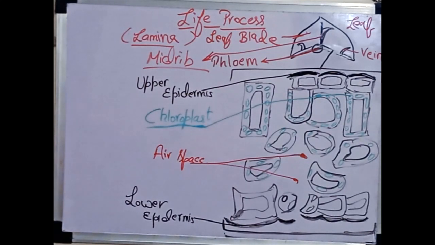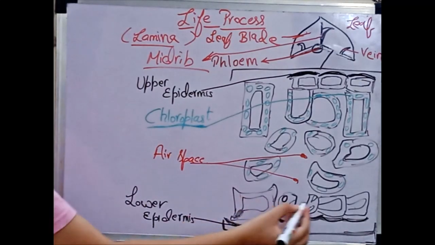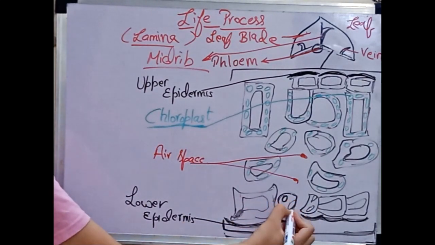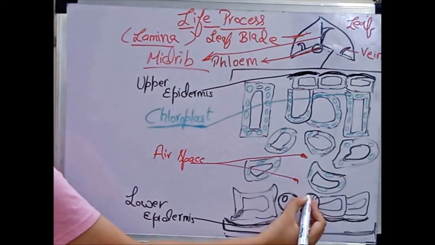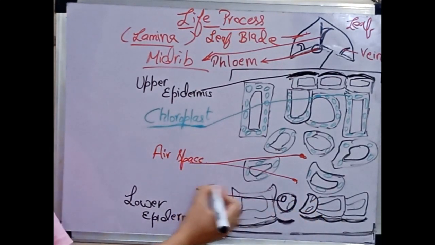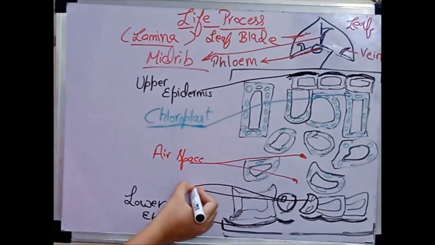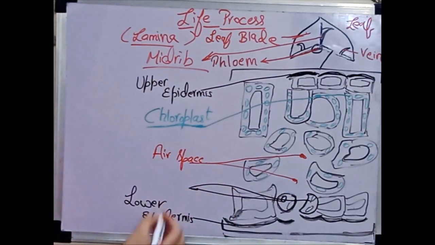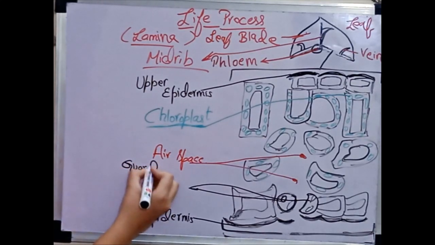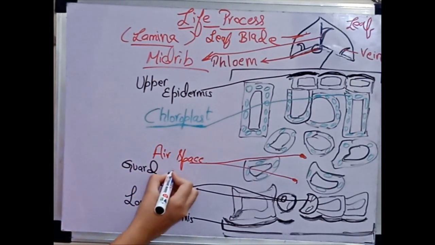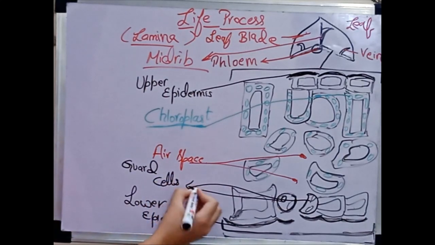After that, the very interesting topic is here. These two things, one and the second one. These both are our guard cells. Now, by hearing guard cells, you might remember stomata as well. Stomata is what?